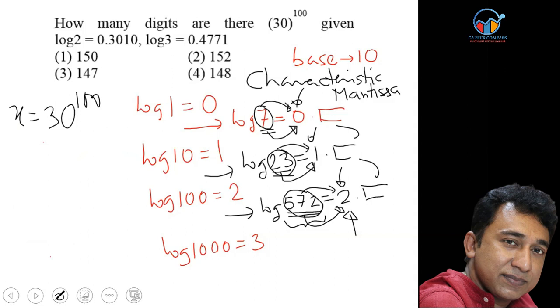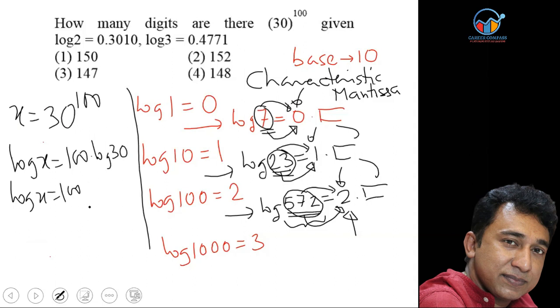So take log on both sides. Then we can write it as 100 times log of 3 plus log of 10. By default, as I told you, you should always consider the base as 10.